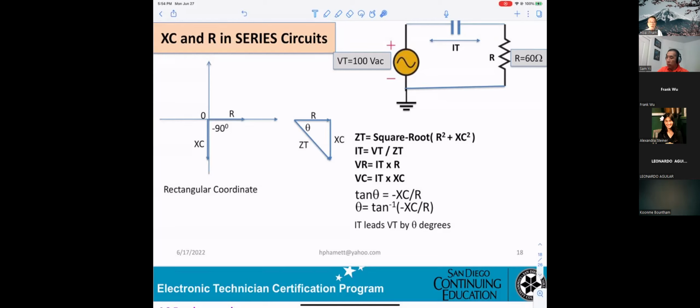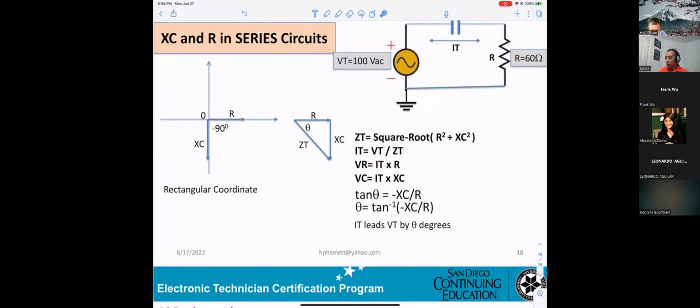Okay, so that formula applies for any circuitry that includes capacitor and resistor. After you calculate the total impedance, calculate the total current: take the total voltage, divide by total impedance. If you want to calculate the voltage across R, IT times R. VC is IT times XC.